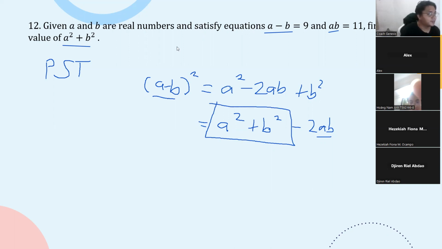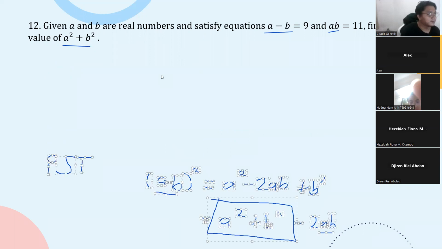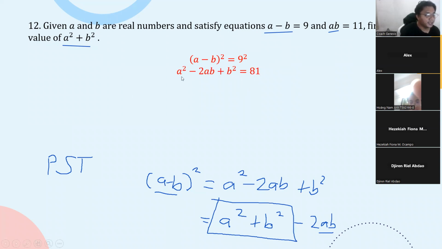So you have a minus b quantity squared that is equal to 9 squared. Simplifying, you will get a squared minus 2ab plus b squared is equal to 81. We then just substitute. So we have a squared plus b squared is equal to 81.